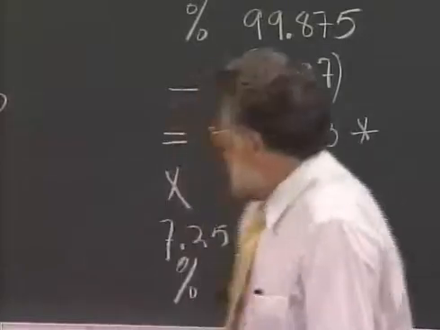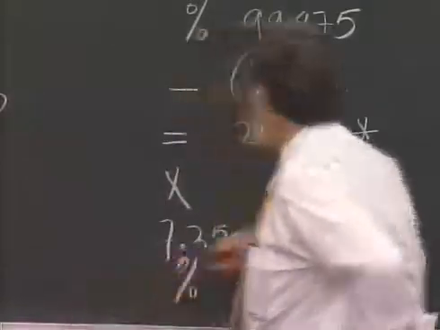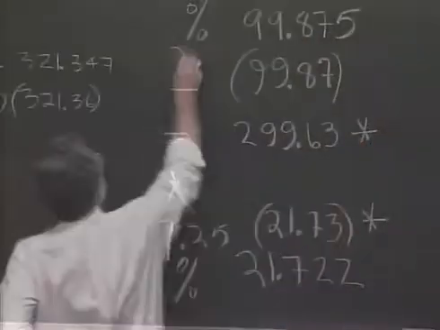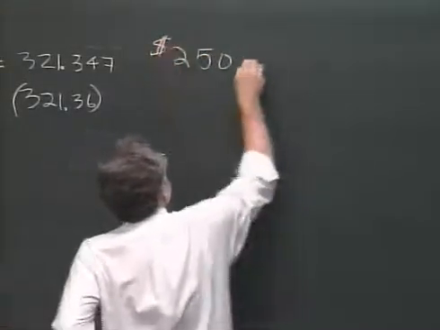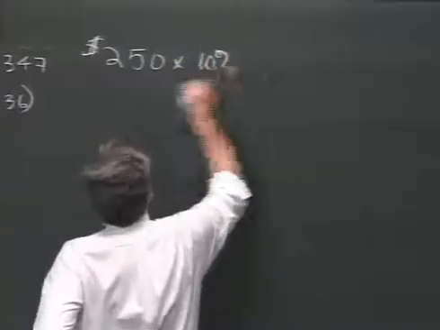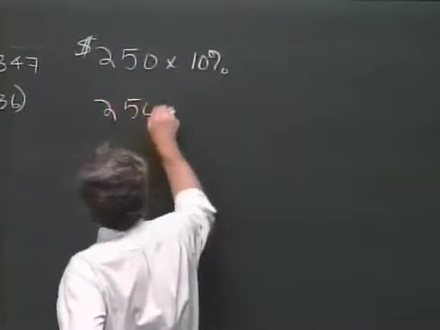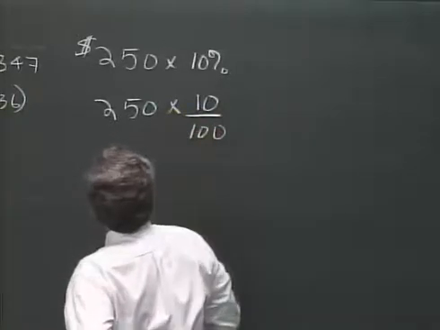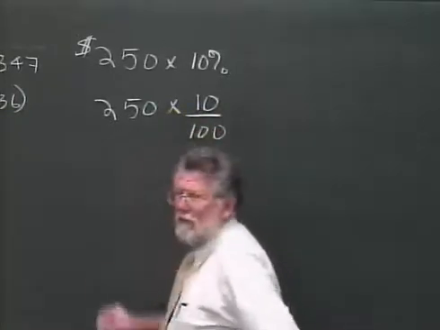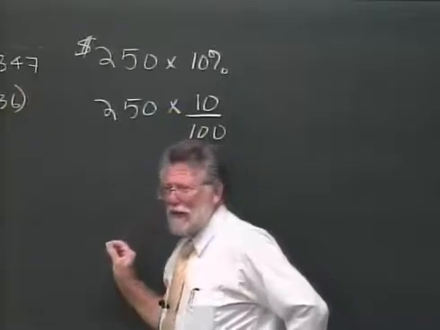So if I go to the board and I look at $250 and I want it times 10%, my argument is that that's 250 times 10 over 100. I understand what it is, it's 15, but I'm asking a different question for the moment.